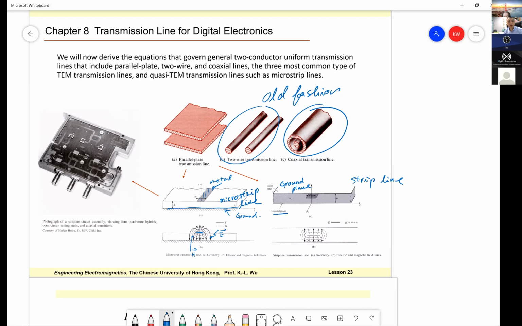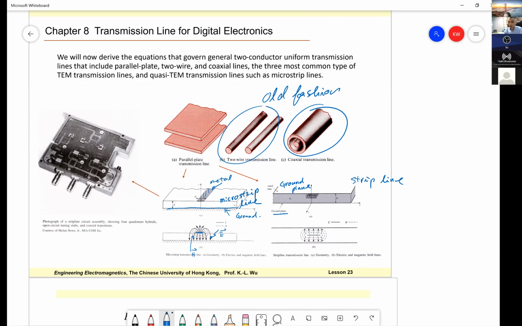In the old time when you had a set of televisions with an external antenna, and that antenna connected to the TV, you used twin line. The reason is that type of transmission line is very easy to make, and the performance is pretty good at low frequency. But when frequency is high, people don't use that anymore.